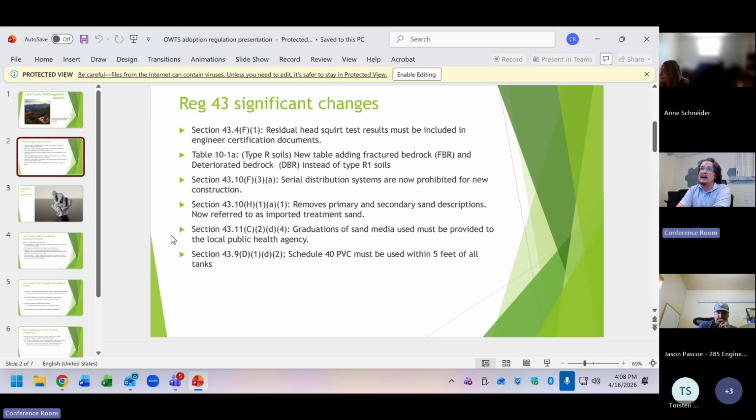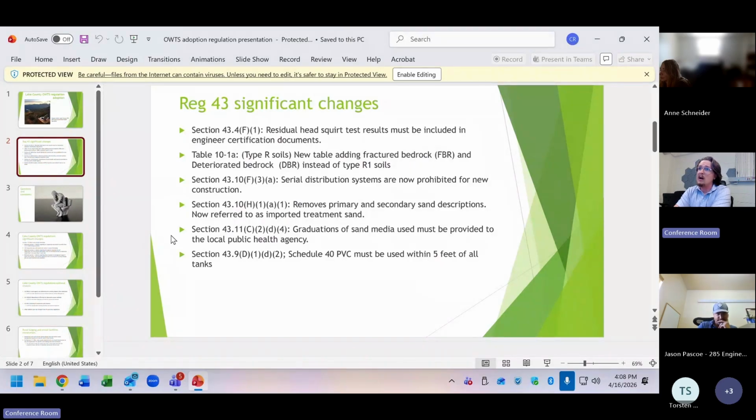Section 43.10H1A1 removes primary and secondary sand descriptions. Now it's just all referred to as imported treatment sand. 43.11C2D4 also has to do with our sand medium.